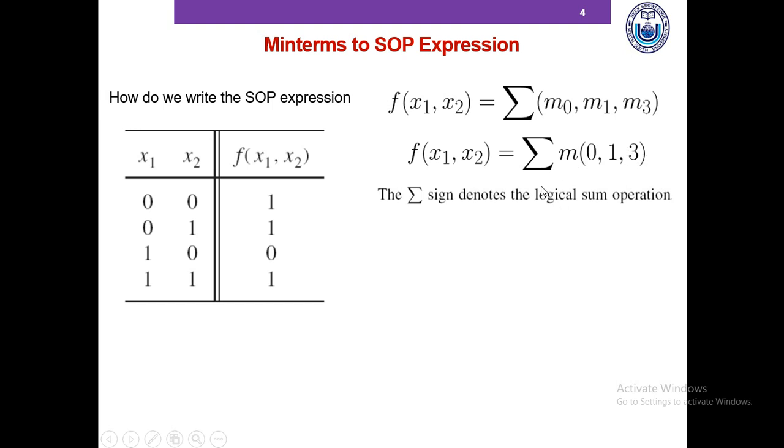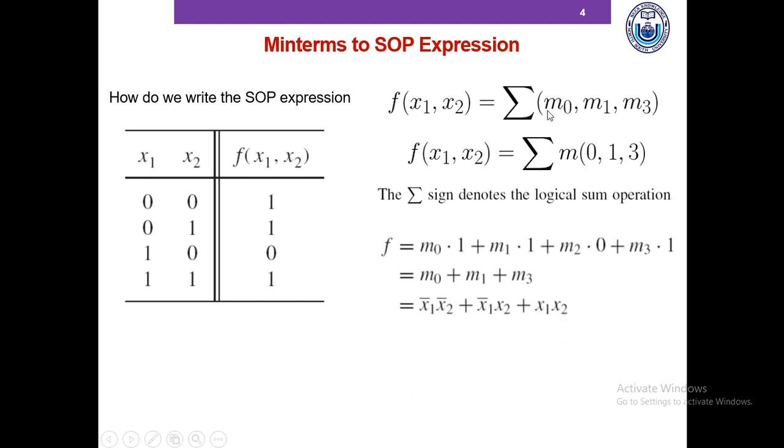But that's not the end of the story. If we expand this sum, we get this equation. You don't need to write the minterm for which the function output is 0. Even if you write it, it's fine, because it's going to get cancelled out, because m2 and 0 is equal to 0, and we know x plus 0 is equal to x.